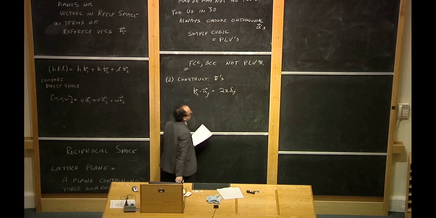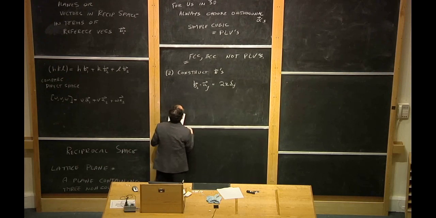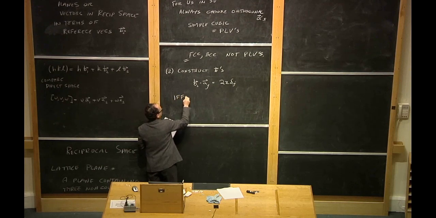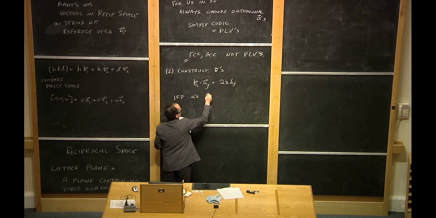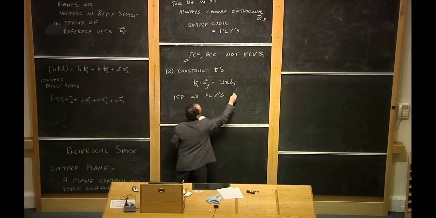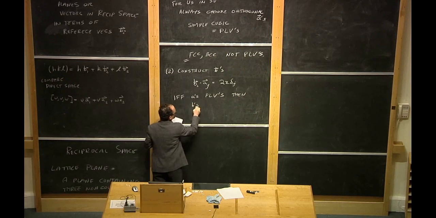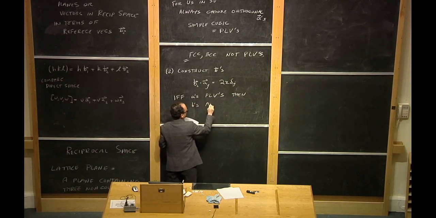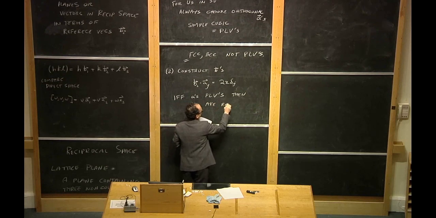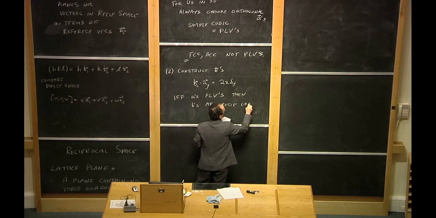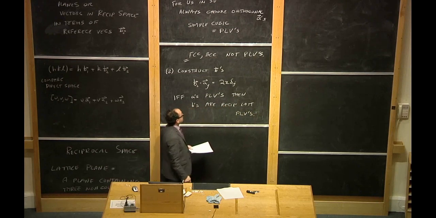And we've seen this equation before. If and only if the a's are PLVs, then the b's will be reciprocal primitive lattice vectors.